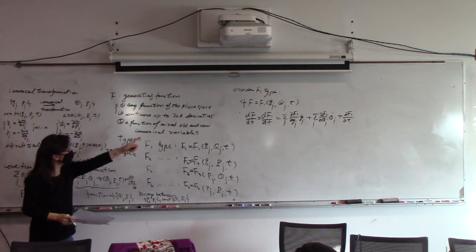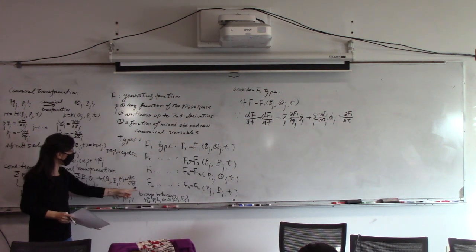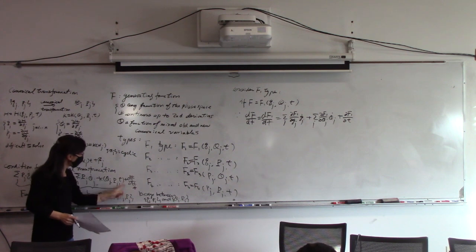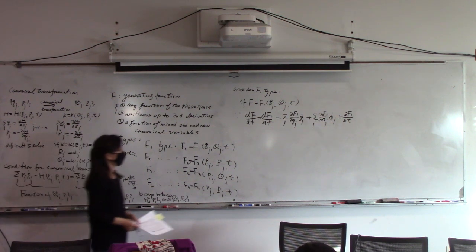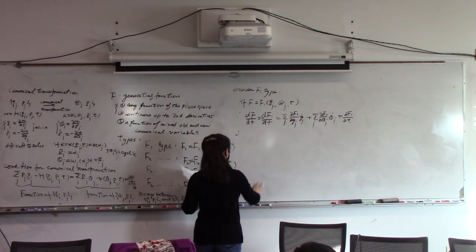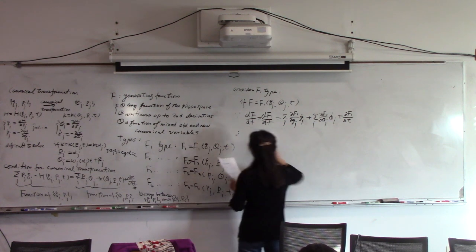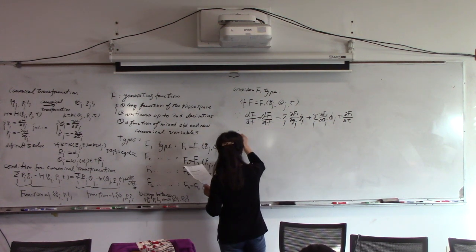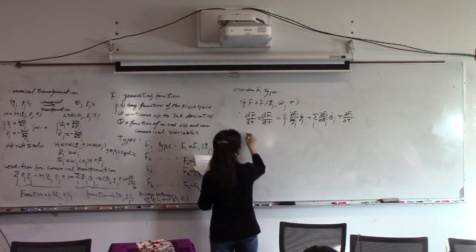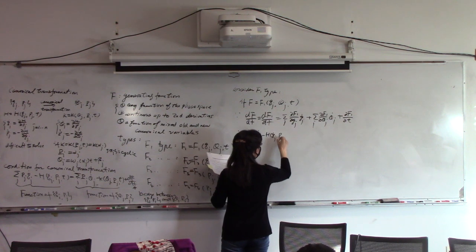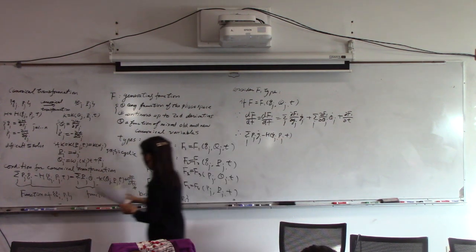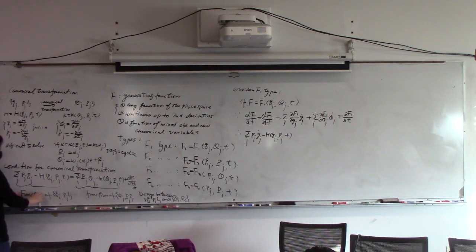When we select that generating function, we substitute it into the equation of canonical transformation. So we substitute dF/dt into that formula. The left-hand side has no change: pj qj dot minus H(qj, pj, t).